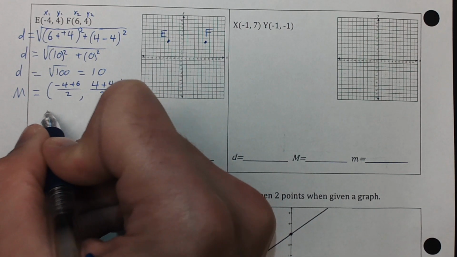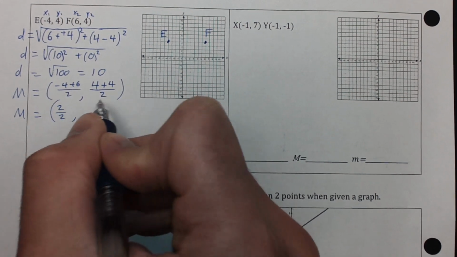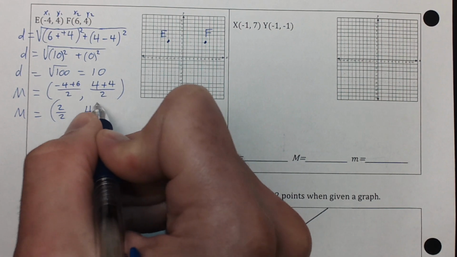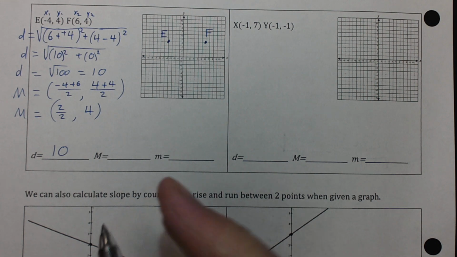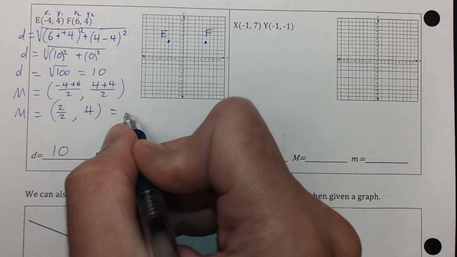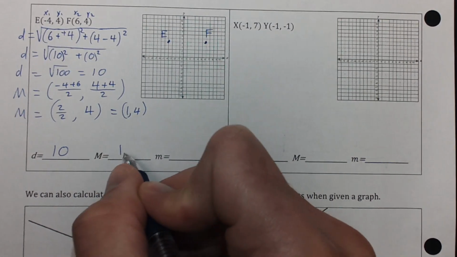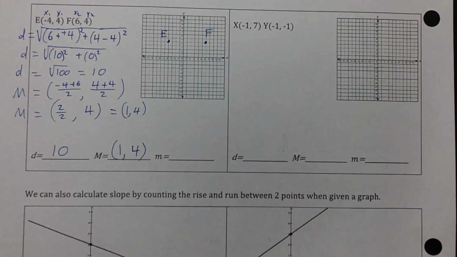That's going to be 2 over 2, and the sum of 4 and 4 is 8. Divide that by 2, you get 4 again. So if you average 4 and 4, of course the average is going to be 4 again. So the midpoint turns out to be 1, 4, because 2 divided by 2 is 1.